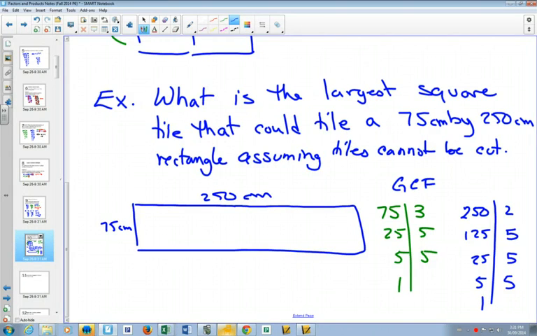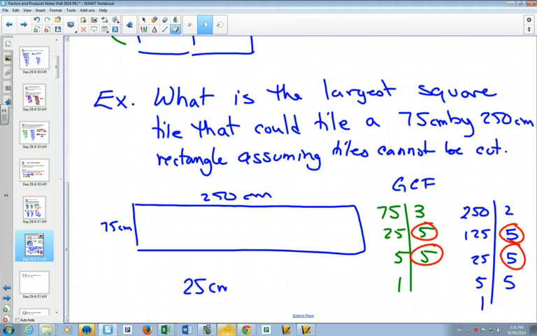So what's in common? 1 5 in common, which you said already, and another 5 in common. So the largest square would be a 5 by 5, or sorry, 25 by 25 centimeter square. And can you see that there would be 3 on the 75 side?